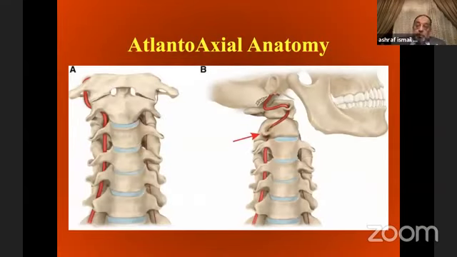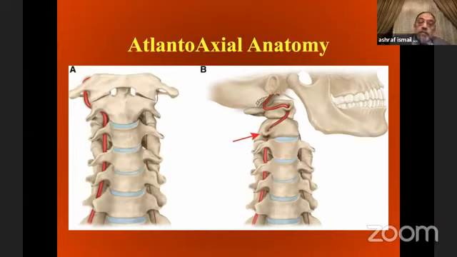Another structure of utmost importance in the upper cervical spine and also in the subaxial spine is the vertebral artery, which passes through the foramen transversarium of C6, 5, 4, 3, 2, and then has a tortuous path from the foramen transversarium of the axis to the atlas.